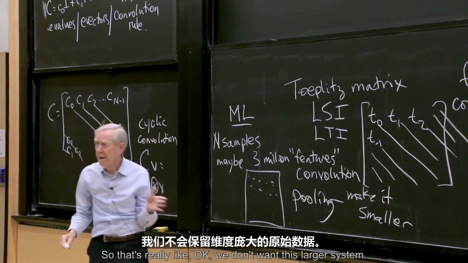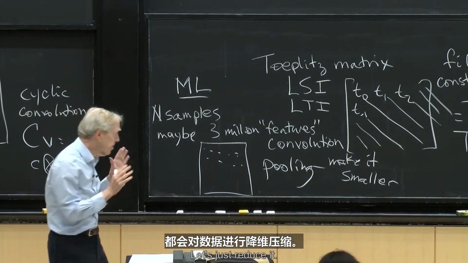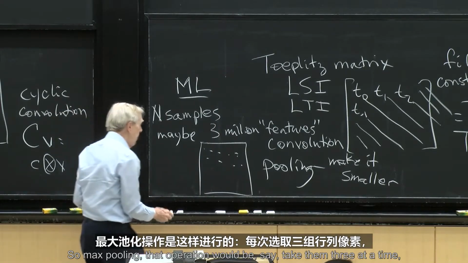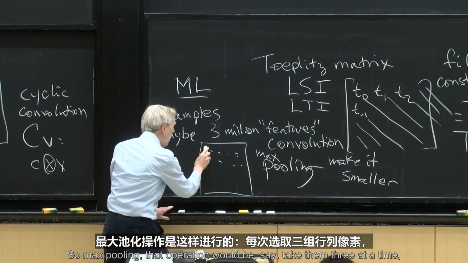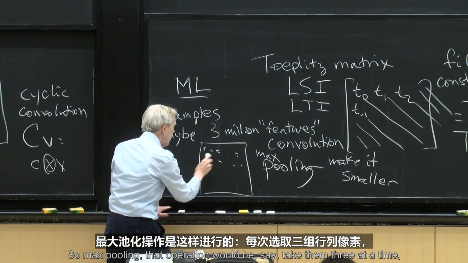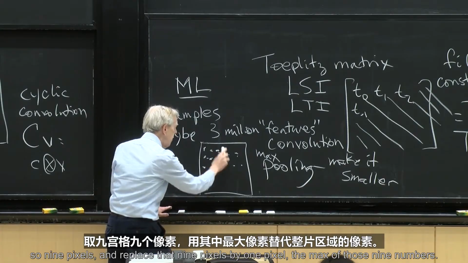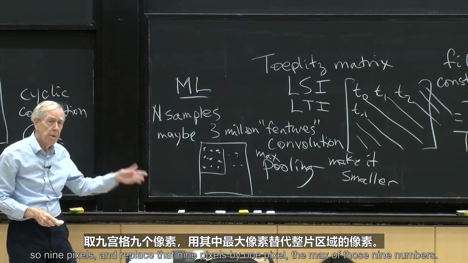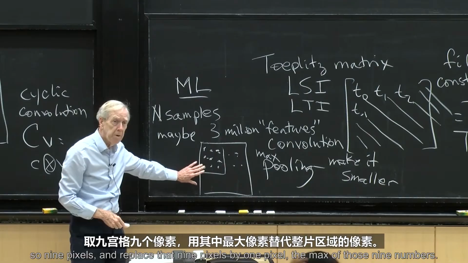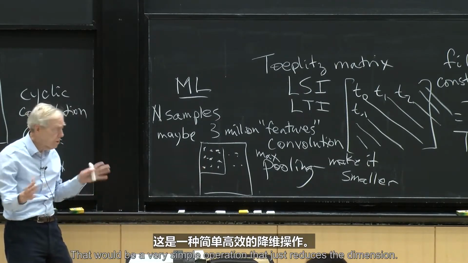So that's really like, okay, we don't want this larger system, let's just reduce it. Max pooling would be, say, take them 3 at a time, so 9 pixels, and replace those 9 pixels by 1 pixel, the max of those 9 numbers. That's a very simple operation that just reduces the dimension.